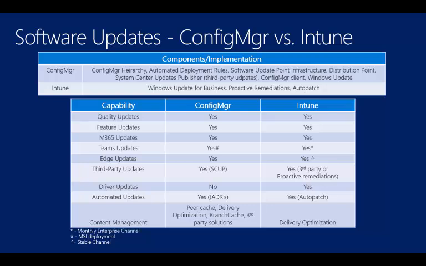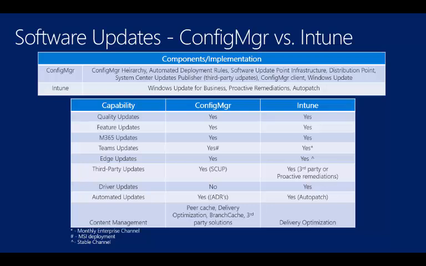Now that we've moved to a cumulative quality and feature update model in our updating approach, the overhead of having to go through and manually pick and choose which updates were needed and desired is something that's in the rearview mirror, thankfully, right? Used to be that administrators spent a lot of time going through the available list of updates each month and deciding which ones you wanted or did not want to deploy.